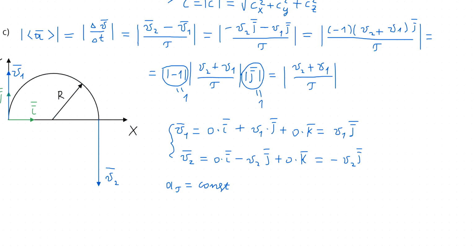It's a derivative. Yes, of course, it will be a derivative: dv over dt is equal to a tau, the acceleration.